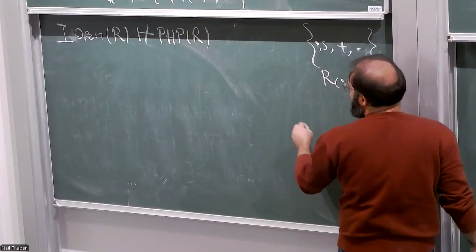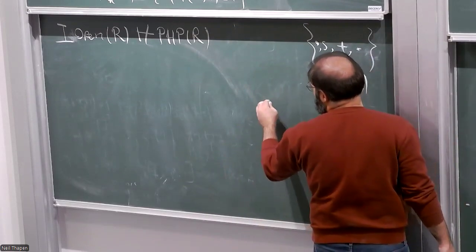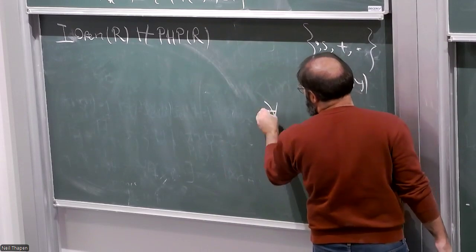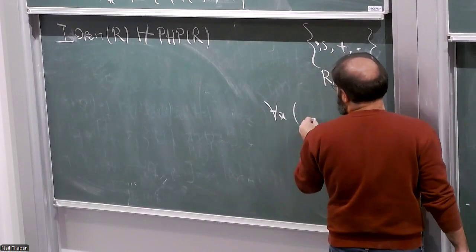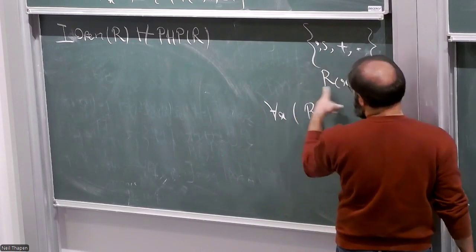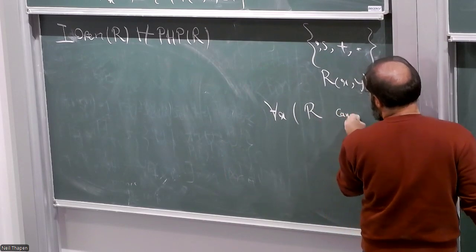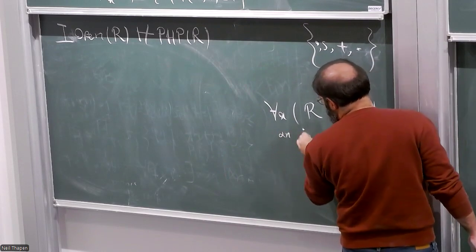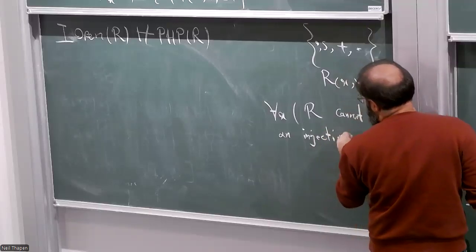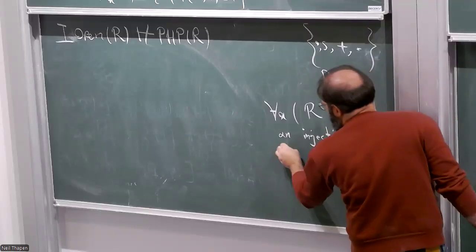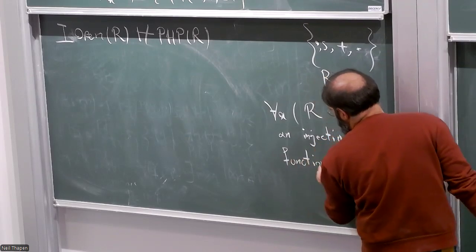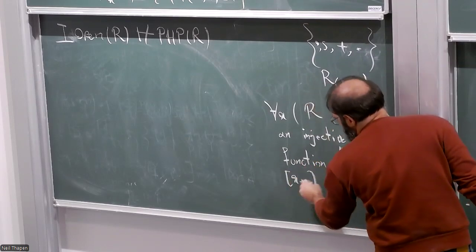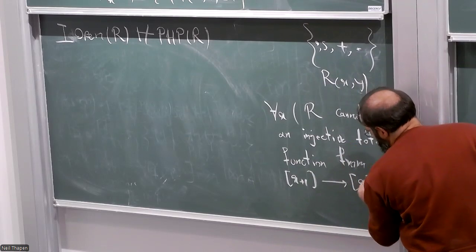The pigeonhole principle says for R that, roughly speaking, for any x, R, which is a relation, cannot be an injective total function from the elements less than or equal to x to the elements less than x.